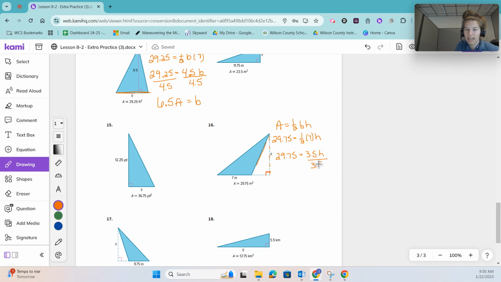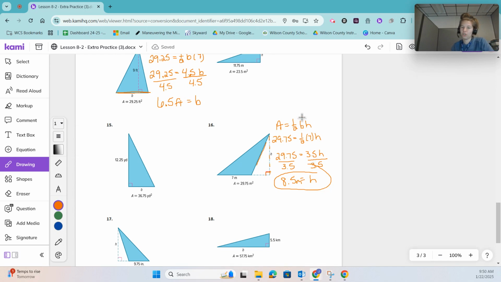Divide by 3.5 on both sides. 29.75 divided by 3.5 is 8.5. That is the height. Again, it is one dimensional, so it's 8.5 meters is the height.